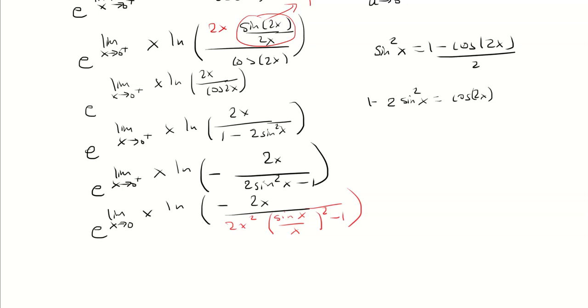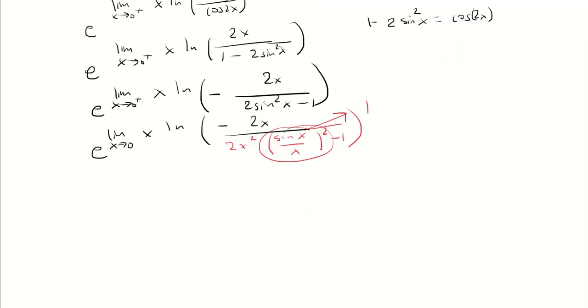So it's the same thing. And obviously we know that this is also going to 1, similar to what we set up there. So we have the limit as x approaches 0 from the right, x times natural log of negative 2x over 2x squared minus 1.